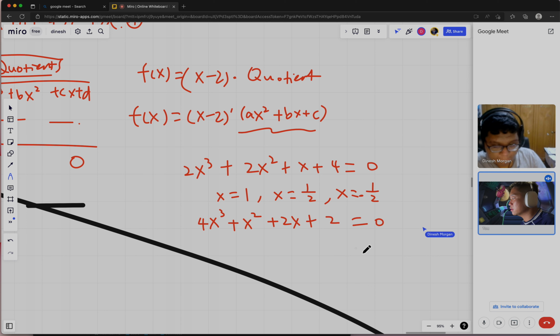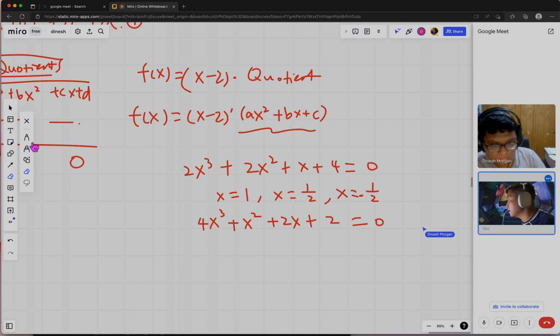You remember this question? I don't remember. Then I asked you to help me check, and you need to use hints. Oh, yeah, I remember now. The coefficients are all just flipped around. Yes.